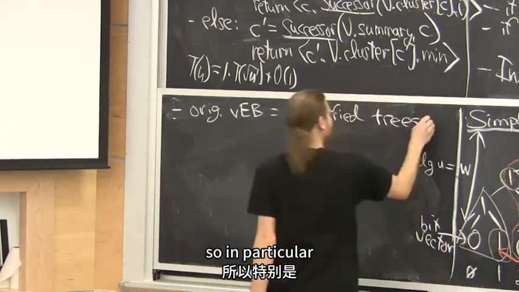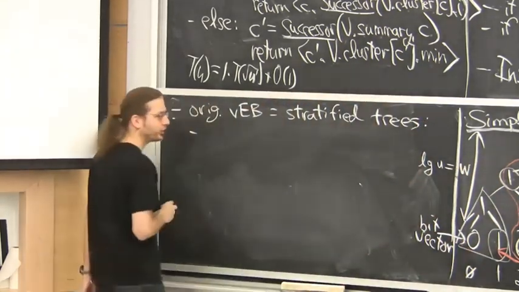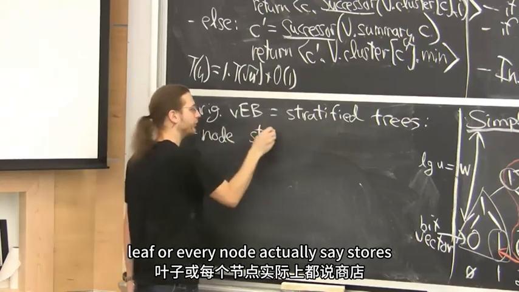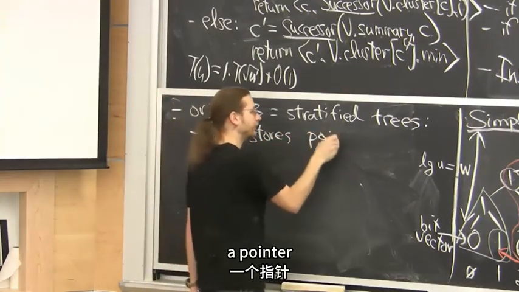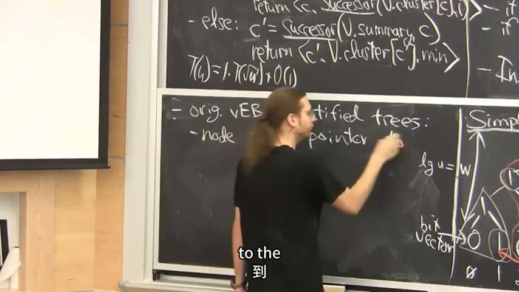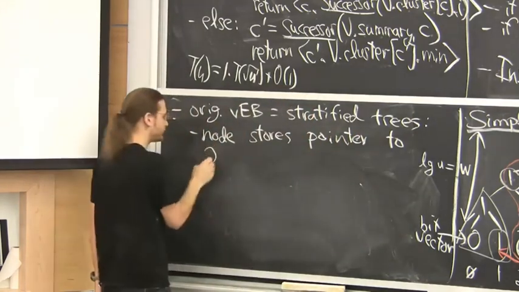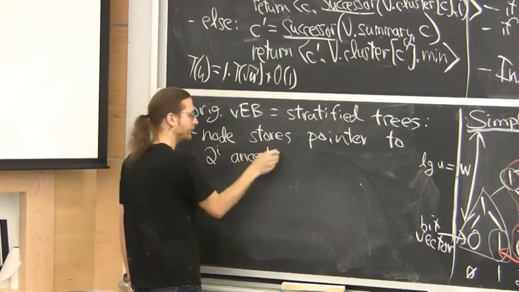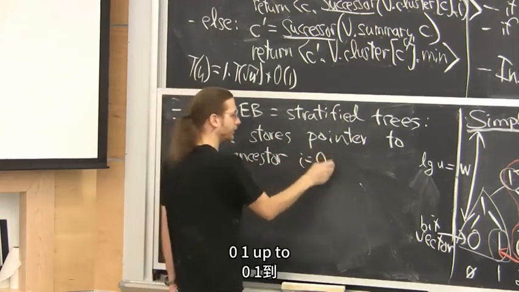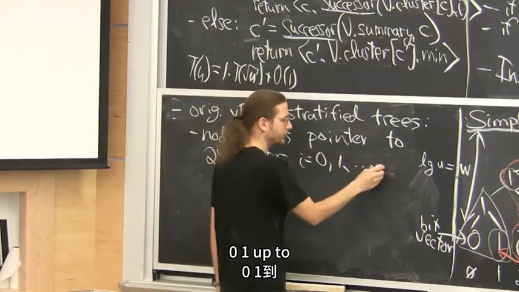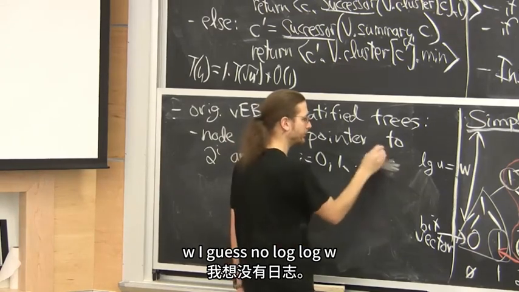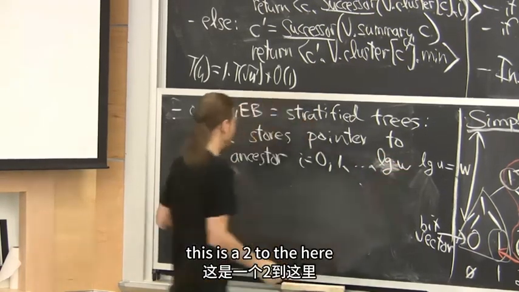In particular, every node stores a pointer to the 2^i-th ancestor, where i is 0, 1 up to log w.